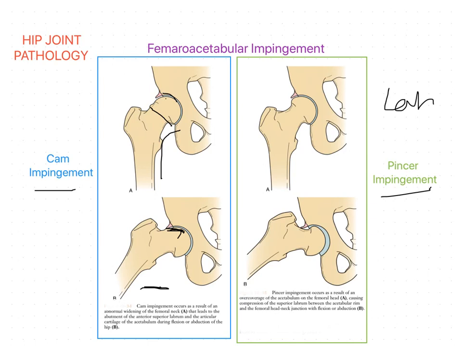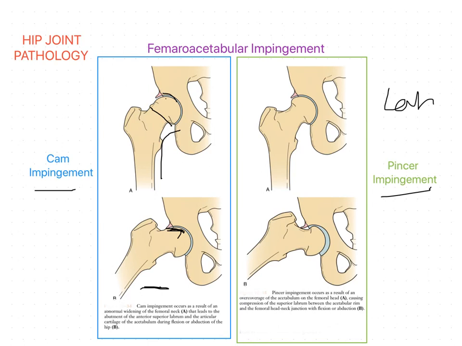Now we will move on to pincer impingement. This is also one type of femoroacetabular impingement. It is quite the opposite of cam, and it is caused by aberrations of the acetabulum.